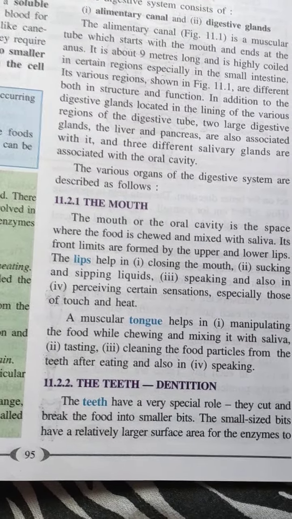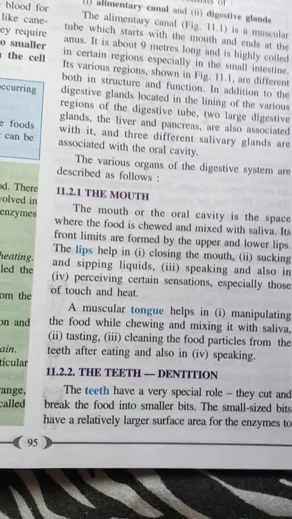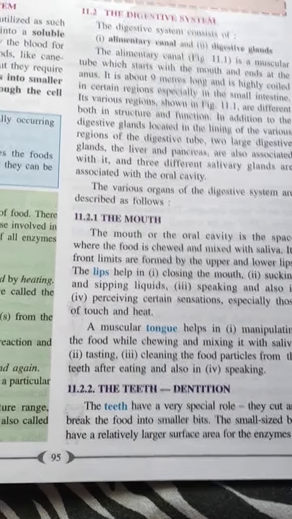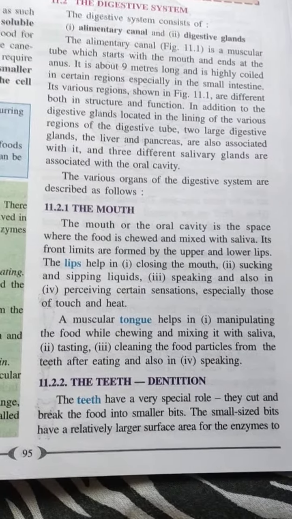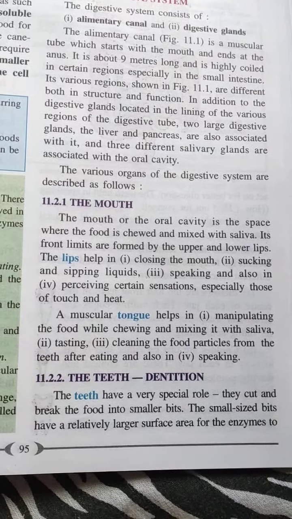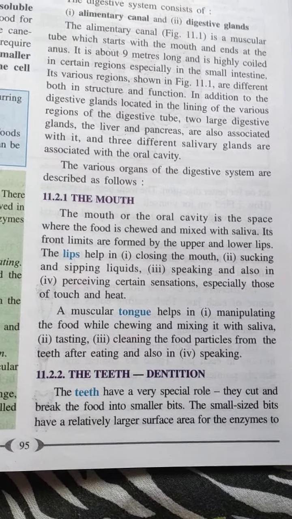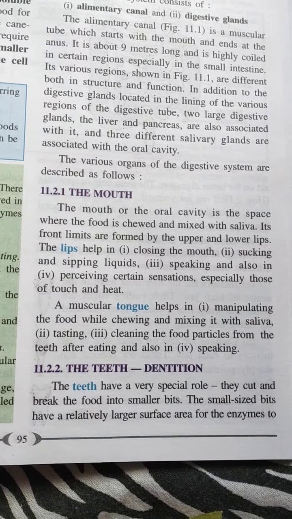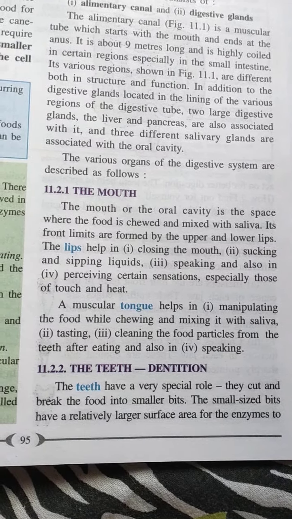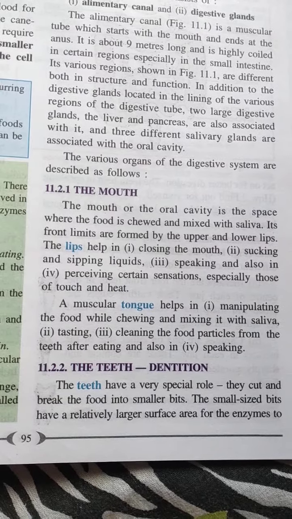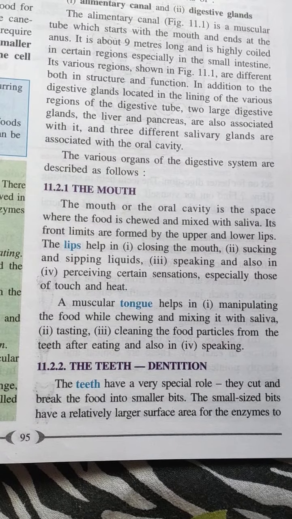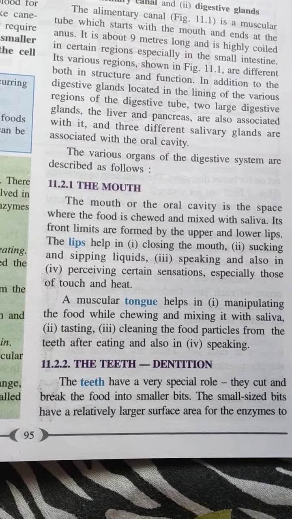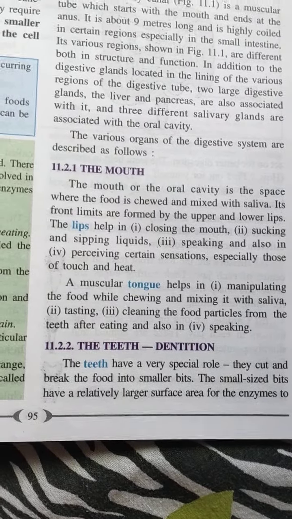Now, inside our mouth, we all have a tongue, and we know that without tongue, we cannot speak. Other than that, it also consists of the taste buds. So, tongue is a muscular part of our mouth, which helps in manipulating the food while chewing and mixing it with the saliva, for tasting, for cleaning the food particles from the teeth, and also in speaking. So these functions are very important.